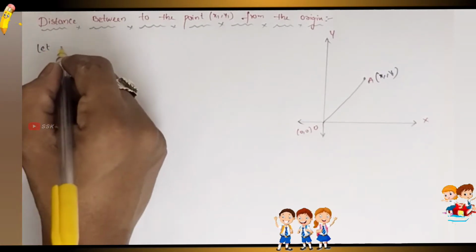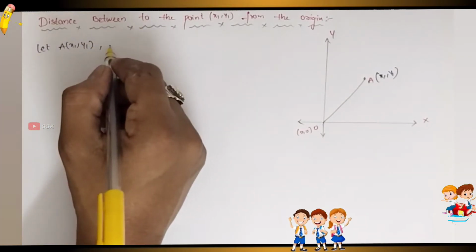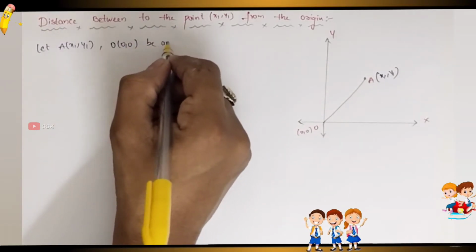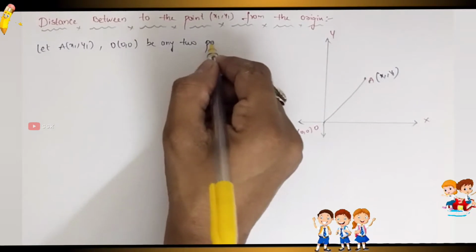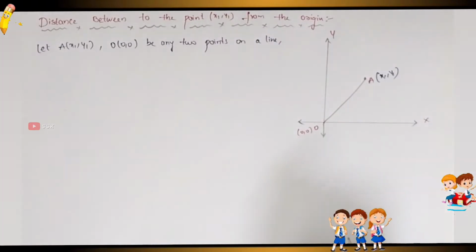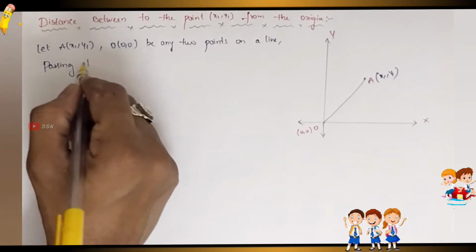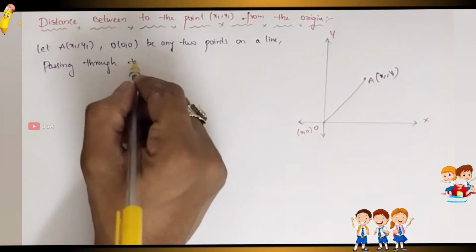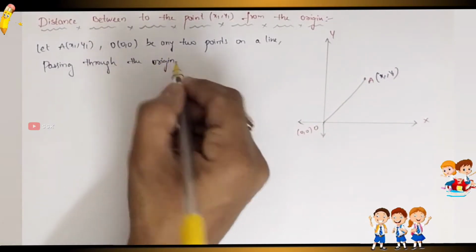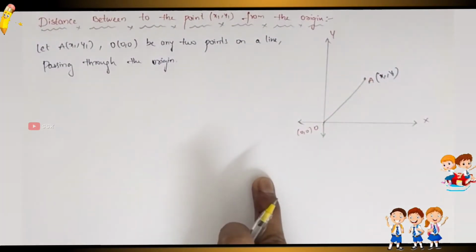Let A, x1 comma y1, and the origin O, 0 comma 0, be any two points on a line passing through the origin.